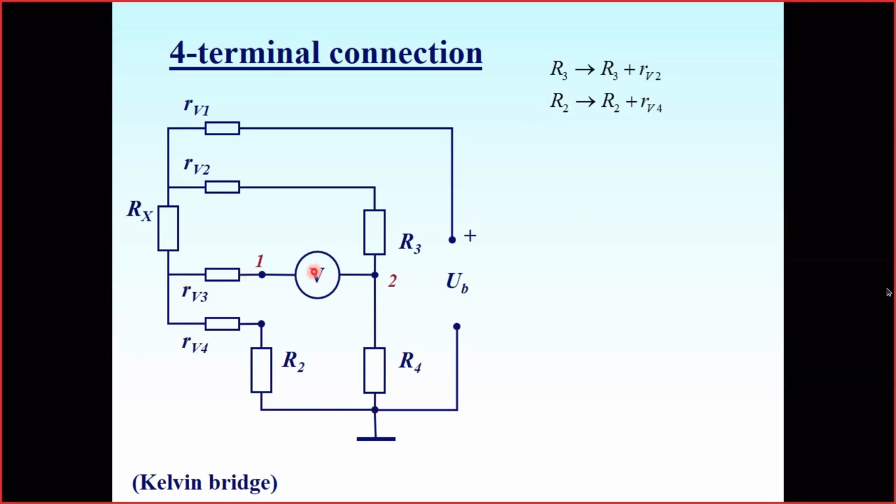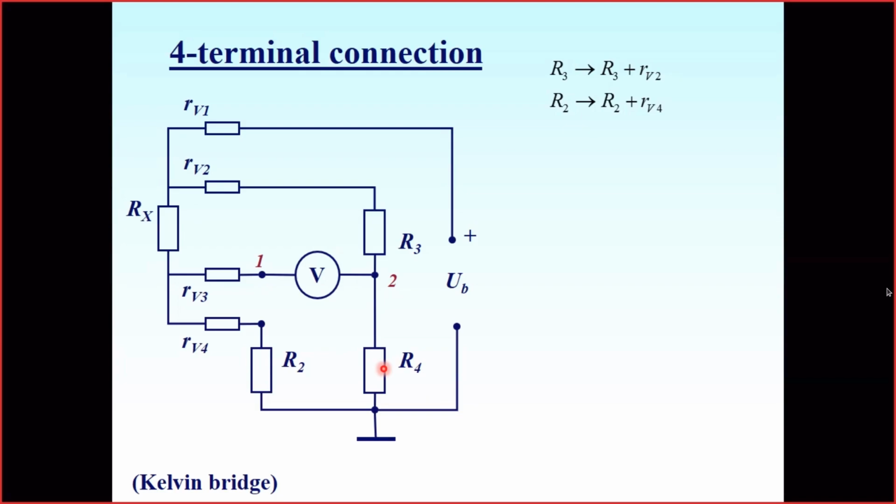And the bridge diagonal itself is made of the resistor in series, the resistance of the third wire connected to our sensor, and the voltmeter connected to the bridge. And only resistor R4 is exactly inside the bridge.